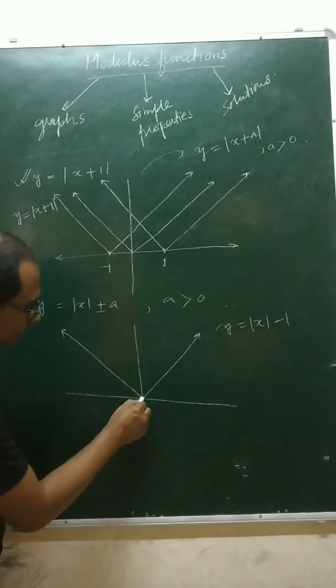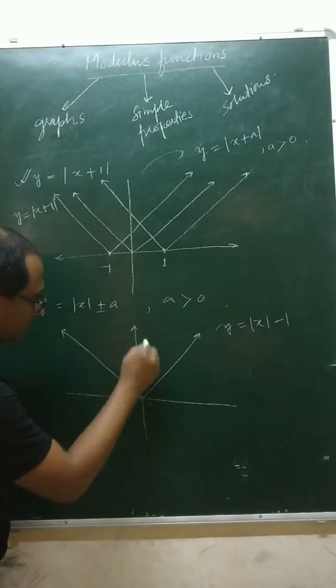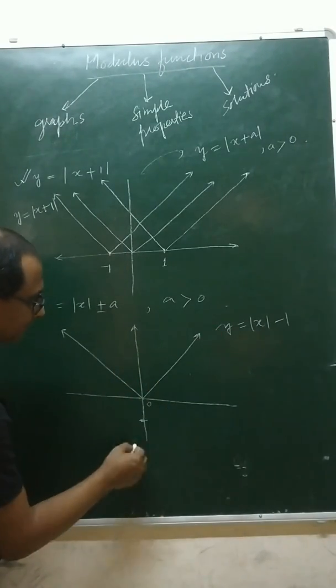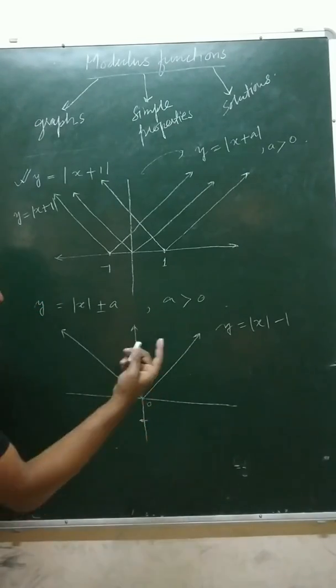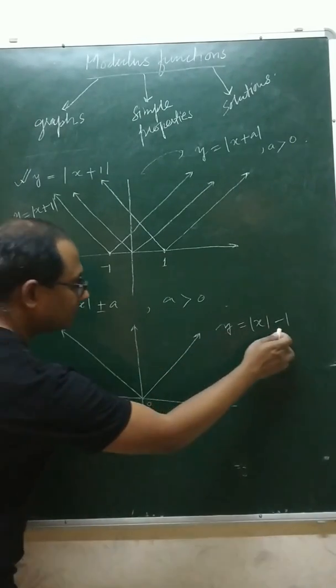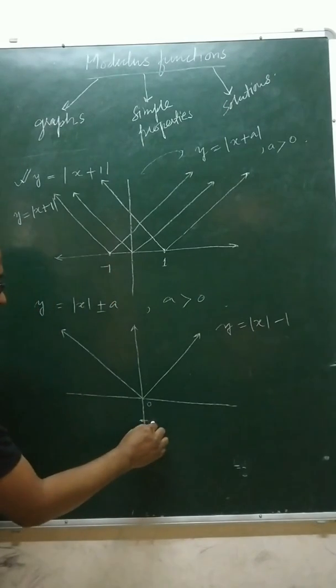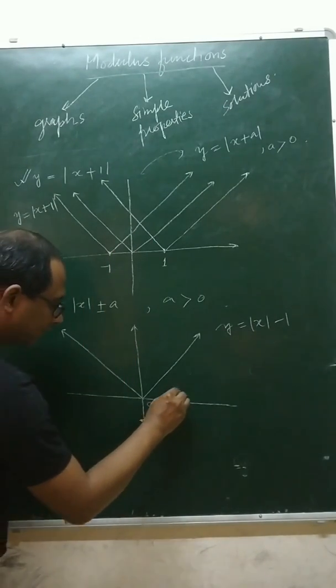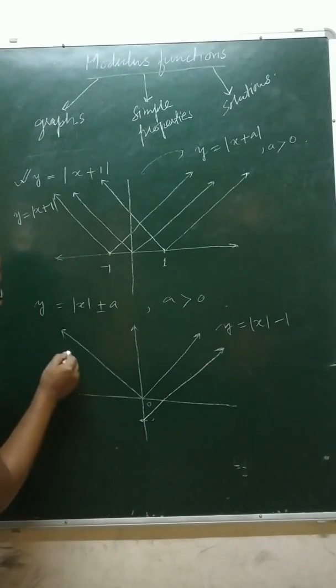We are going to shift this graph from the point 0 to the critical point, the value of a. Ultimately, the graph will take the shape of this.